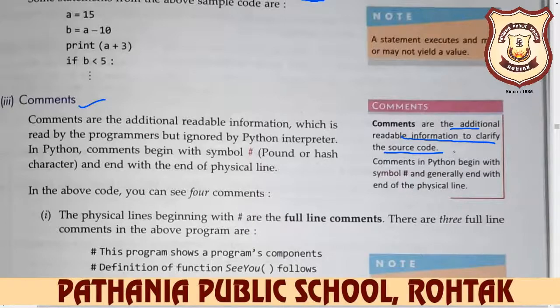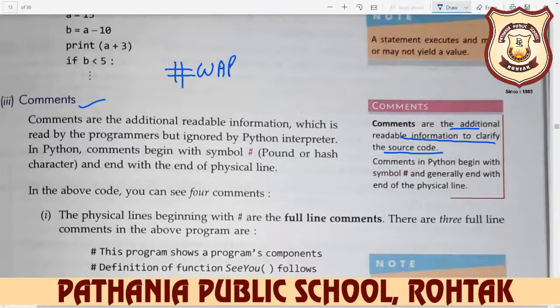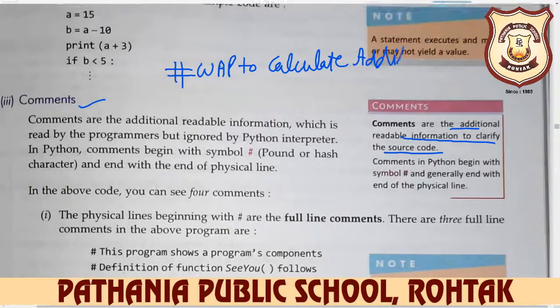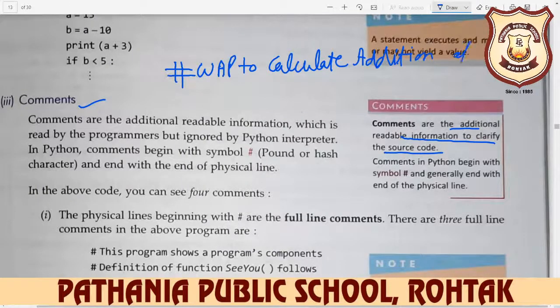For example, we write an addition of two numbers program. So you write here, first you write the hash sign, then you write, write a program to calculate addition of two numbers.